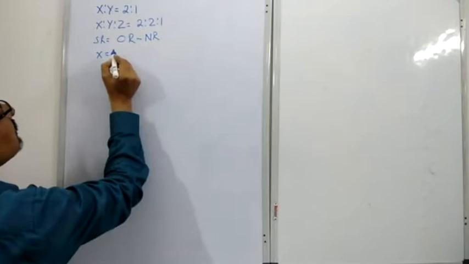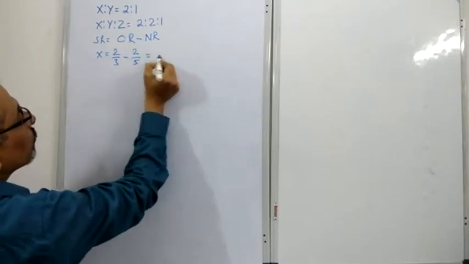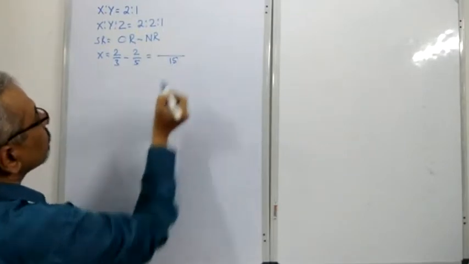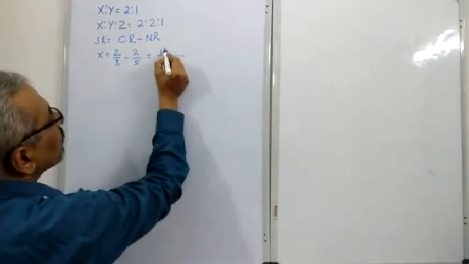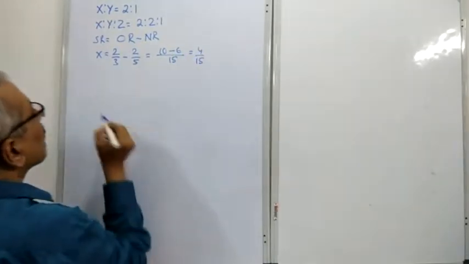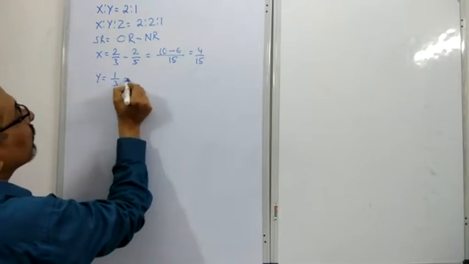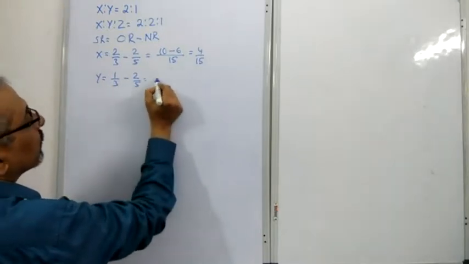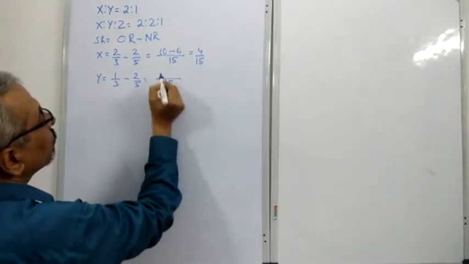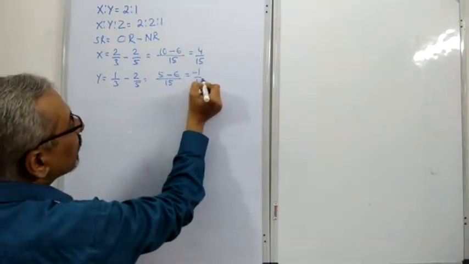For X: 2/3 minus 2/5. The LCM is 15, and 10 minus 6 gives us 4/15. Next is Y: 1/3 minus 2/5. Again, very carefully, 5 minus 6, that is minus 1/15.